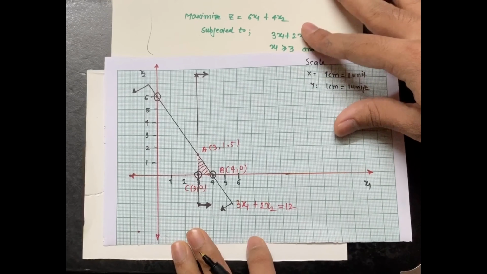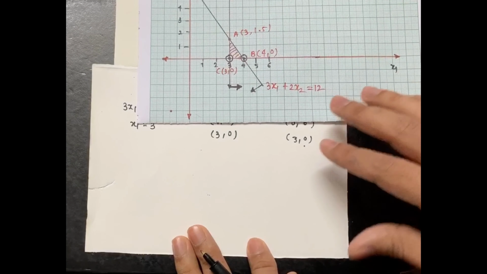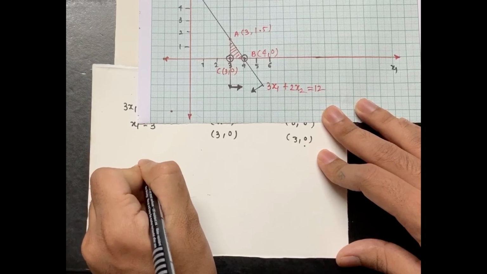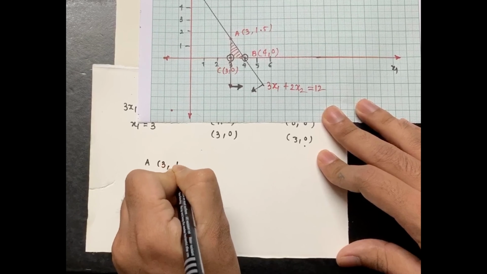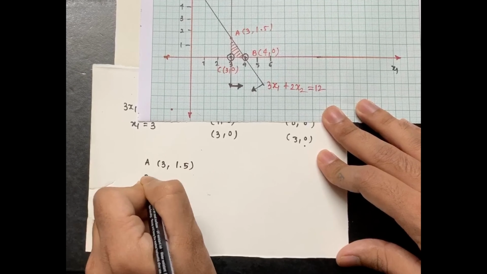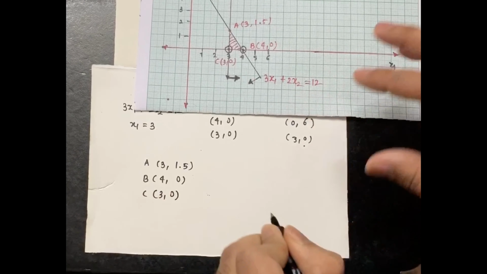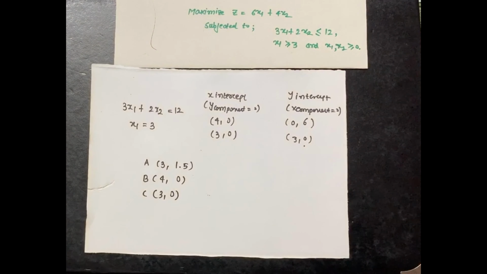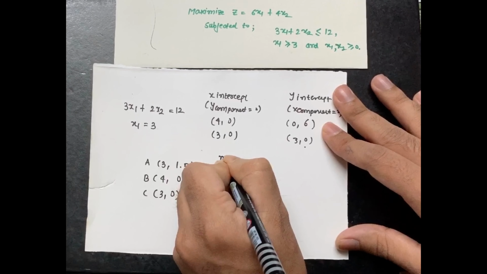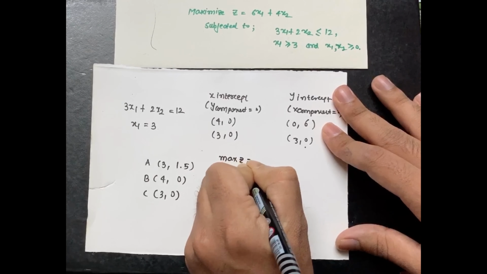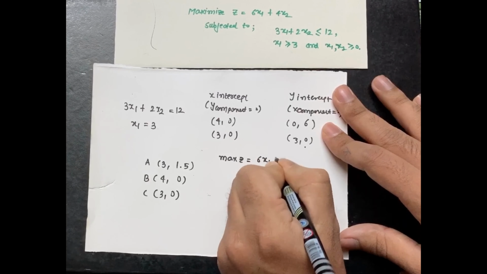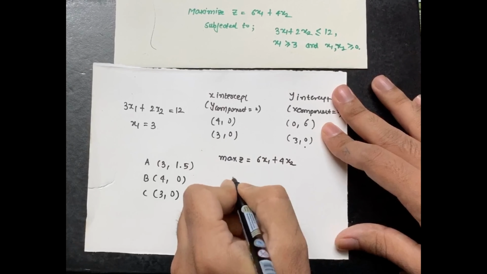I've got 3 points. If I write back these 3 points here, a is (3, 1.5), b is (4, 0), and c is (3, 0). What is my maximization function? Max z equals 6x1 plus 4x2.